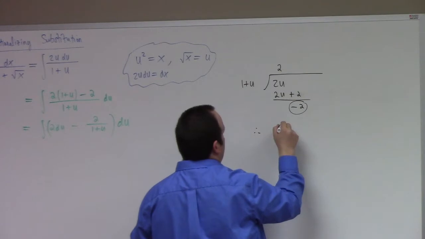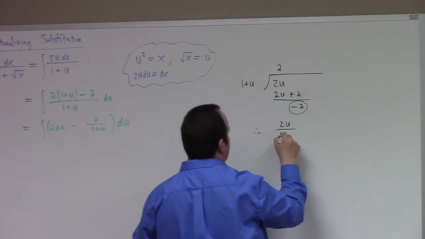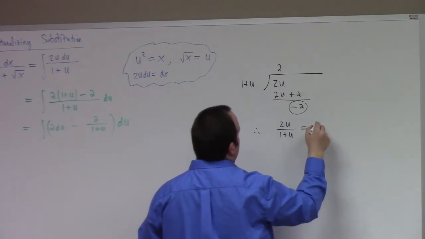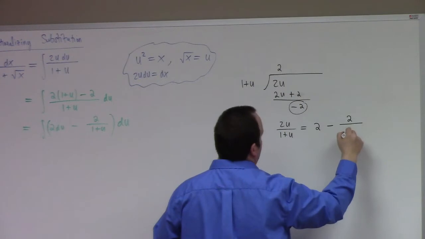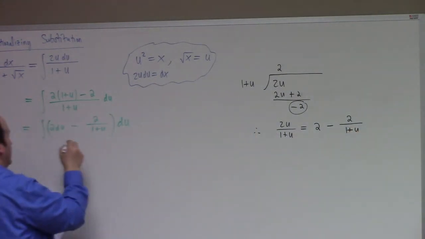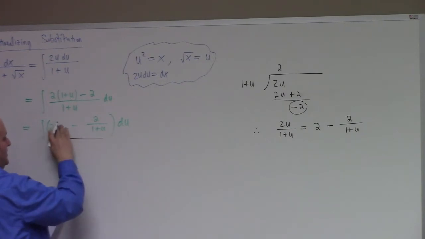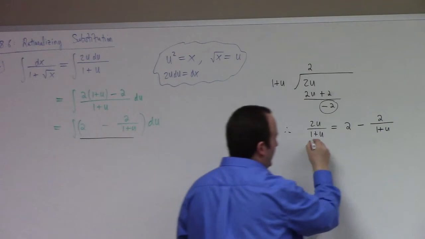So therefore, 2u over 1 plus u is equal to 2 minus 2 over 1 plus u, which of course is what I just derived right over here. Sorry about the du. Typo. I derived over here by adding 0.